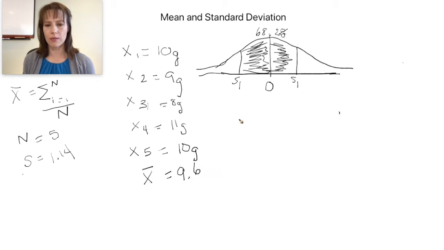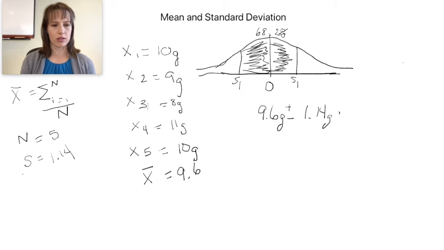So all of those data points should lie within plus or minus 9.6 grams plus or minus 1.14 grams. And we'll find that most of our data, it is true, lies within that range.